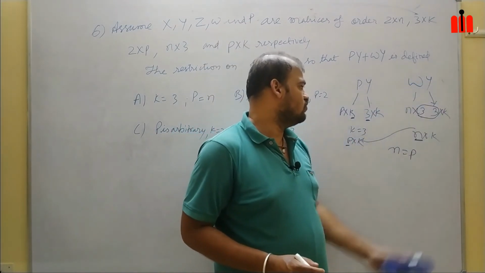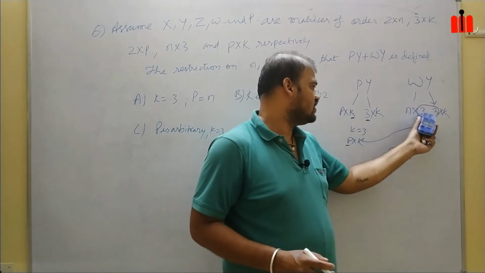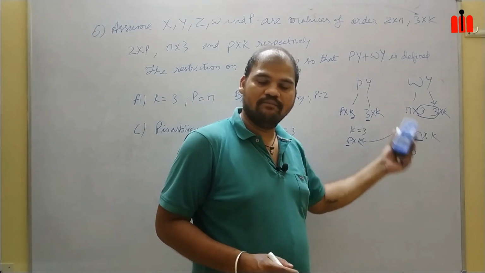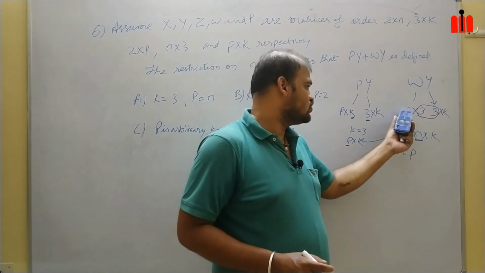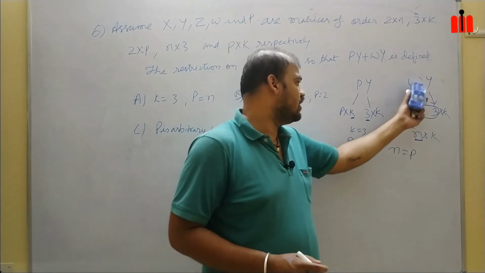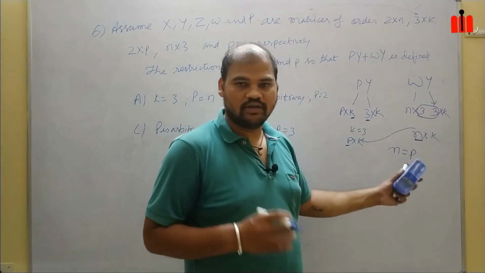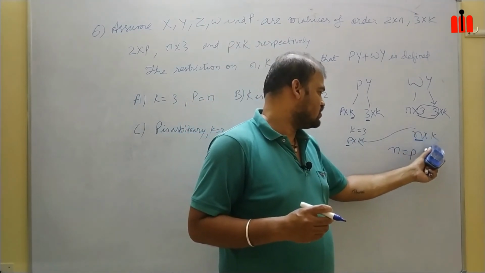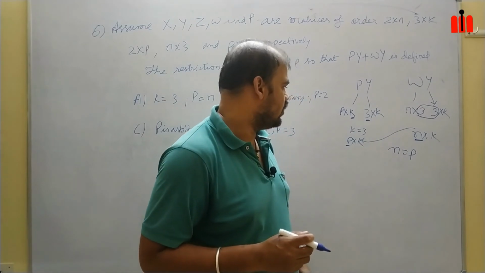Now let's come to WY. The number of columns of W and the number of rows of Y are the same. So N cross K will be the order of the resultant matrix of the WY multiplication.